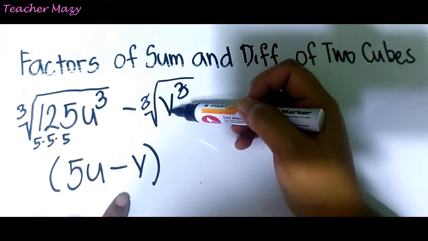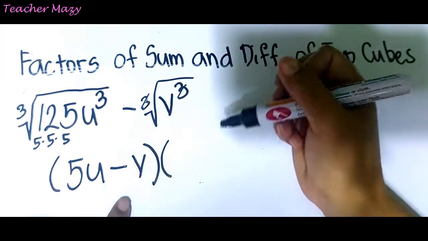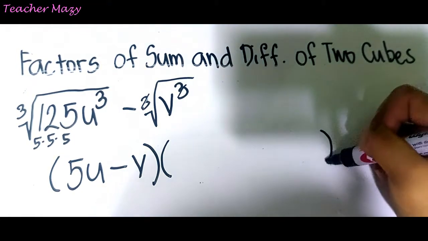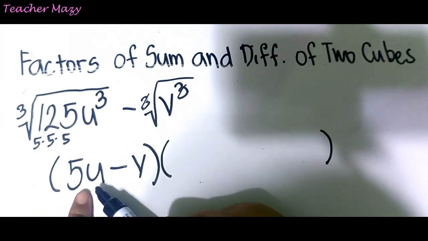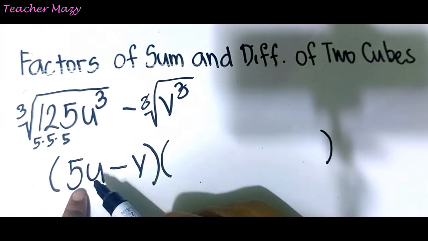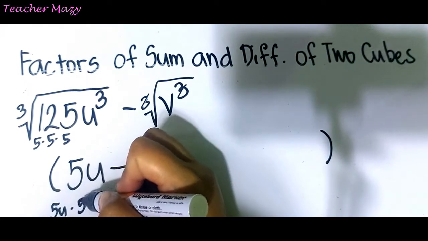For these two cubes, next, let's find the second factor, which is in the form of a quadratic trinomial. First, let's square the first term, that is 5u times 5u.